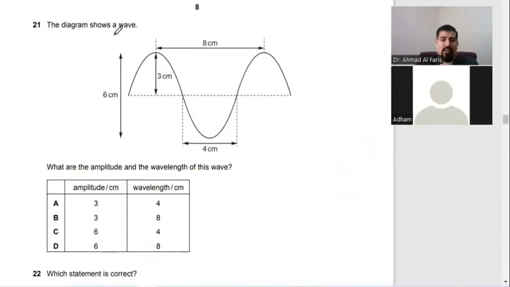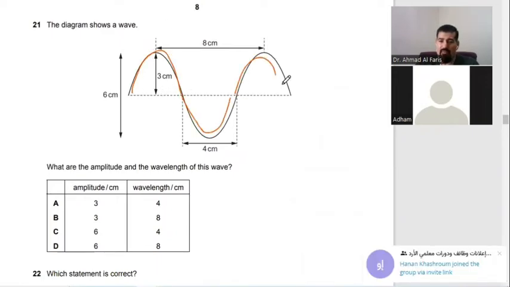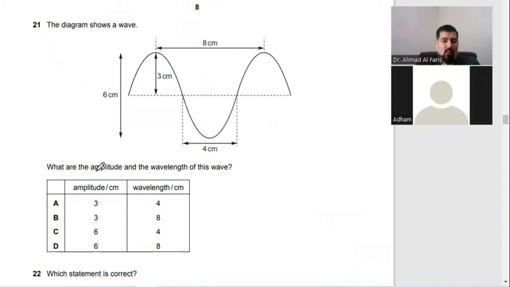Question number 21. What do they ask? The diagram shows a wave. As you can see, we have a wave and a half. What are the amplitude and the wavelength of this wave? Now we know that the amplitude is the distance between the crest and the equilibrium position. So the 6 meter is actually twice the amplitude, because it is from the crest to the trough vertically.